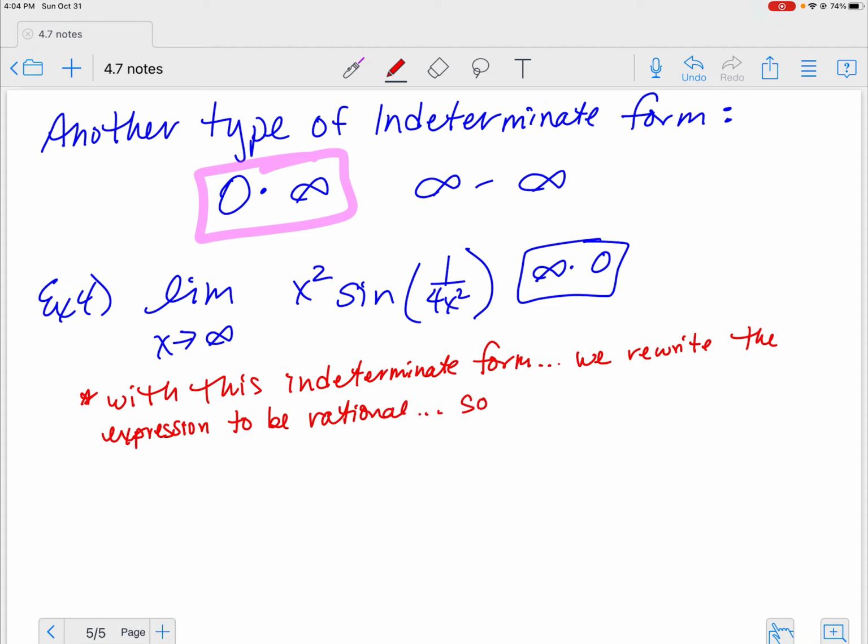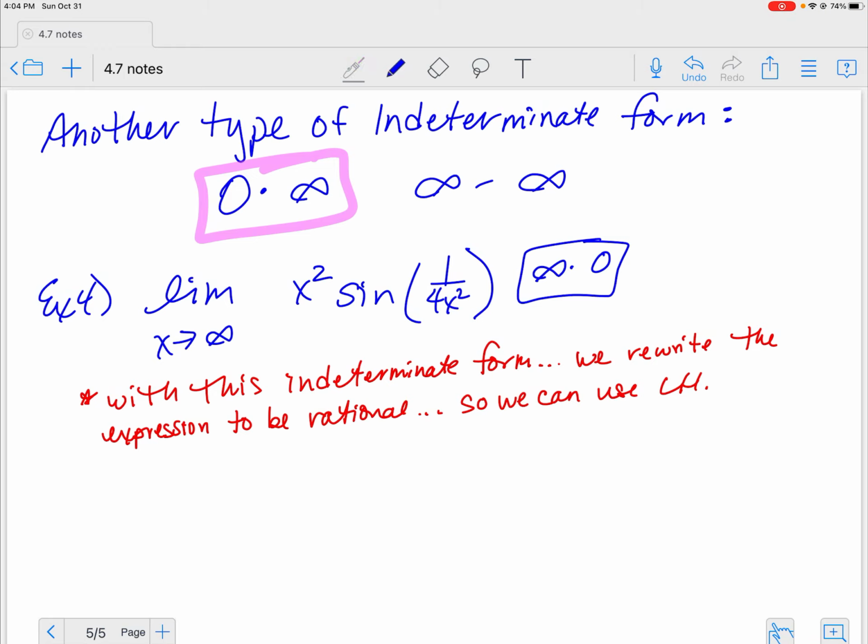So we can use L'Hopital. It has to be rational to be able to do L'Hopital. So if I have something that's set up like this 0 times infinity situation, or infinity times 0, however you want to write that, I mean, it's commutative, right? It's multiplication. We can rewrite this so that we have something that's rational.